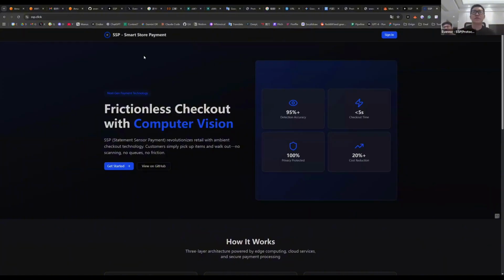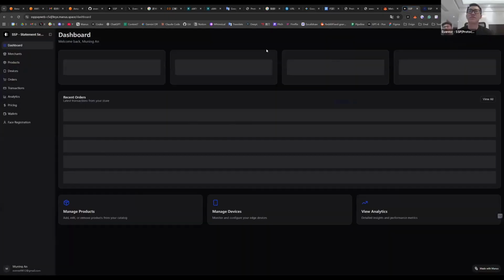This is suitable for SSP. For example, if I go to a store to buy some product, I just need to verify my face. I don't need to take my bank card or crypto wallet, because my face is my identity. My face is my wallet.